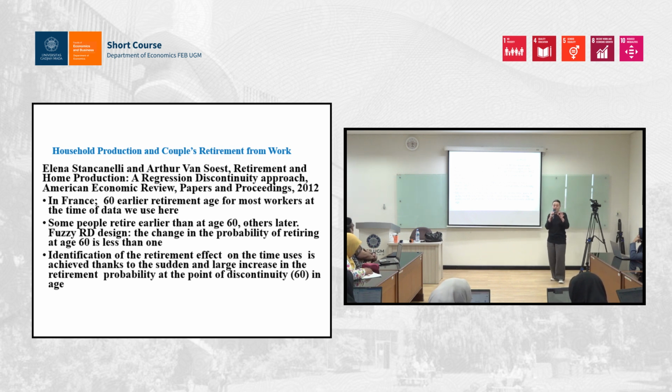I don't know if you have heard of the retirement reforms in France. Maybe I will say a few words about instrumenting retirement and identification, but first I want to say what we do. We take all this data about French couples and use an econometric approach to instrument retirement with age.